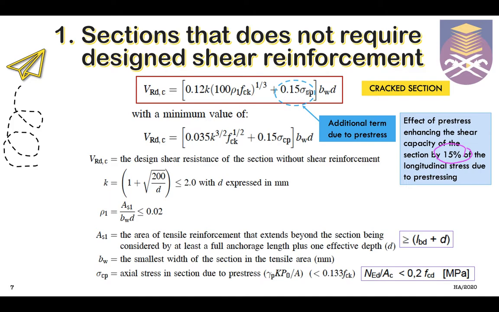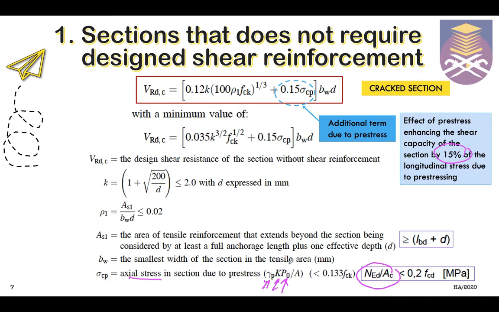So we have 0.15 times σcp, which is the actual stress in the section due to pre-stress, and in the Eurocode it has been stated as this term, NEd divided by Ac. So Ac is the area of our section, right? So it can be calculated using this equation, whereas we are going to consider the partial factor of safety for the pre-stress force, then multiply with the pre-stress loss, and multiply with the initial pre-stress force, right?